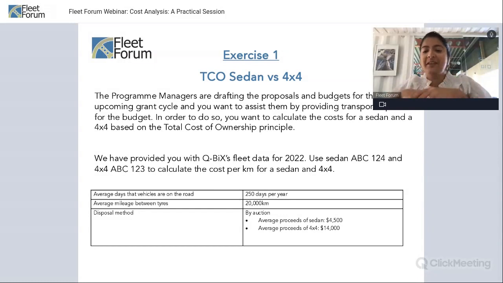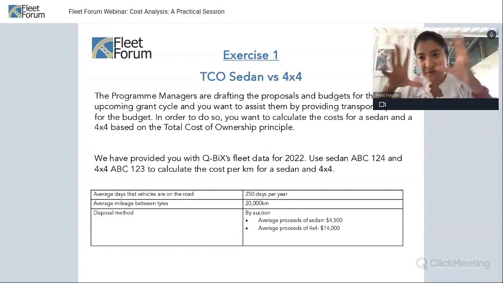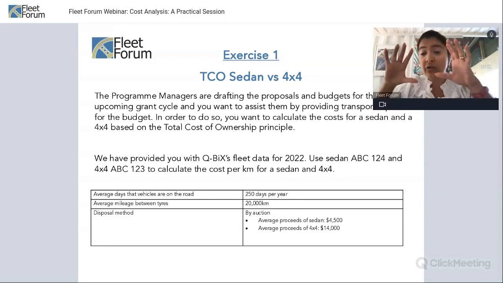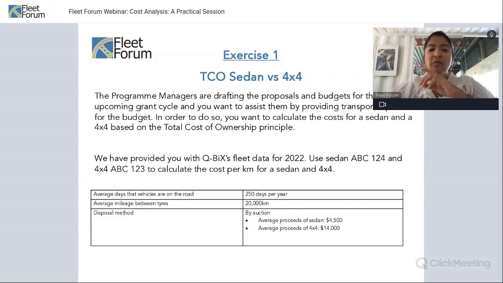But the data that we are using is very real, and I think that's also why we want you to understand this case today. So what we're going to be doing is we are going to calculate the TCO for sedan ABC 124, and that's where you need to go into the Excel file that I've shared with you, and 4x4 ABC 123.